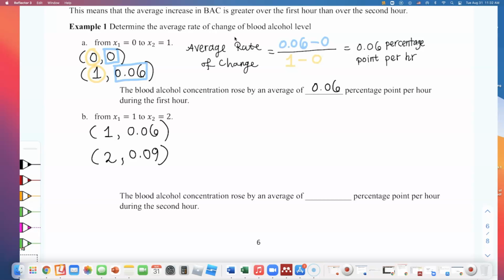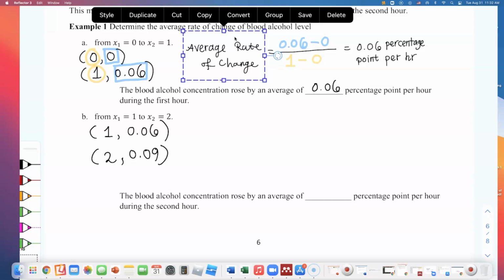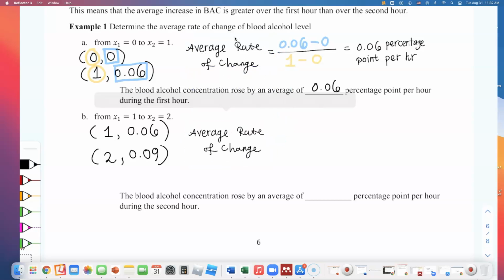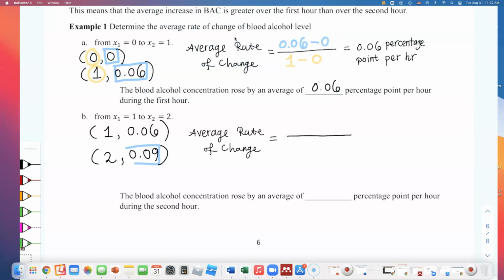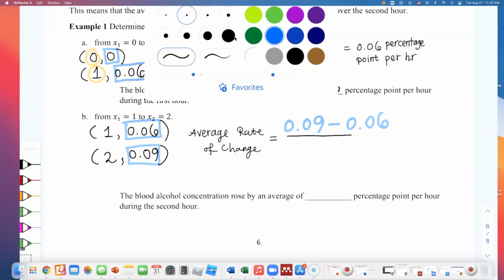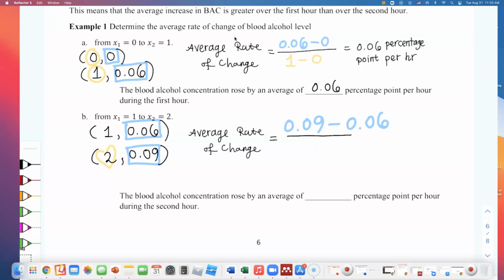Now let's go ahead and find the average rate of change. What is the average rate of change? I have to subtract the y values and put that on top. I do 0.09 minus 0.06. In the bottom of the fraction, I have to subtract the x values.